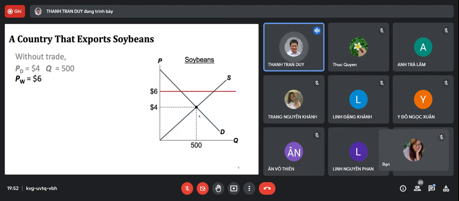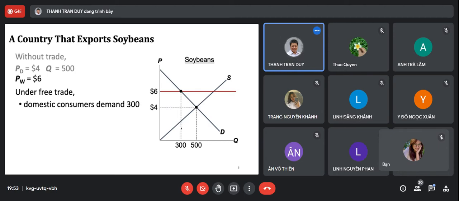However, if the world price is higher, it means that in another country it's more expensive, right? So in this case, if we have free trade, if we can export, then we will export. If we export, the price will increase. But with this high price, local consumers buy only 300 units.